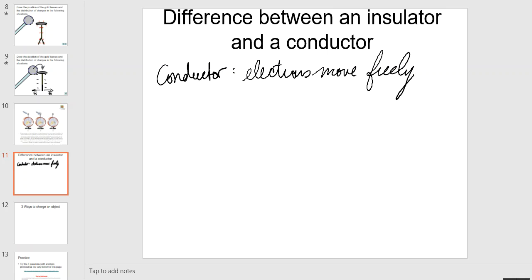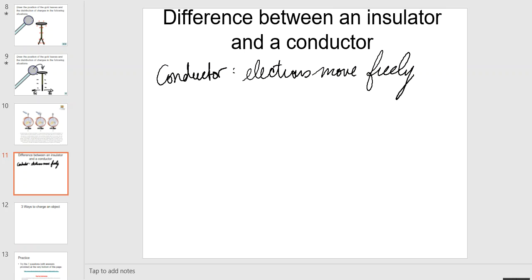If I have a balloon, is that an insulator or a conductor? Yeah, a balloon is an insulator. And let's say I rubbed it on someone's hair, and this part is the part that I rubbed, and that's where the parts are negative. Is it going to stay there, or is it going to distribute? It's going to stay there because the electrons are not free to move. Okay? So let's write that down.